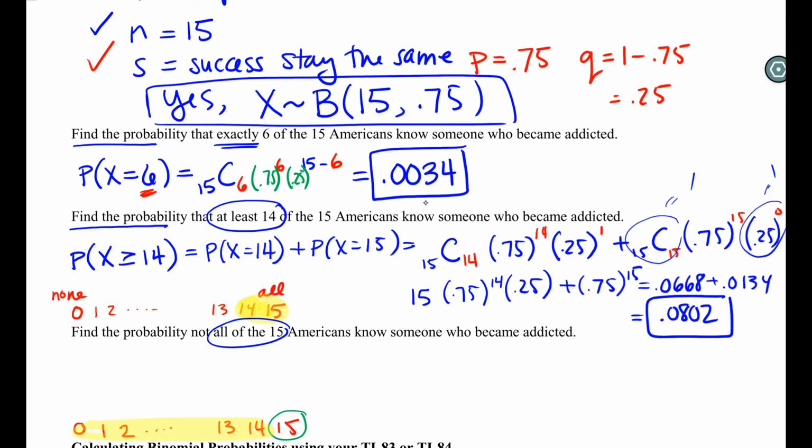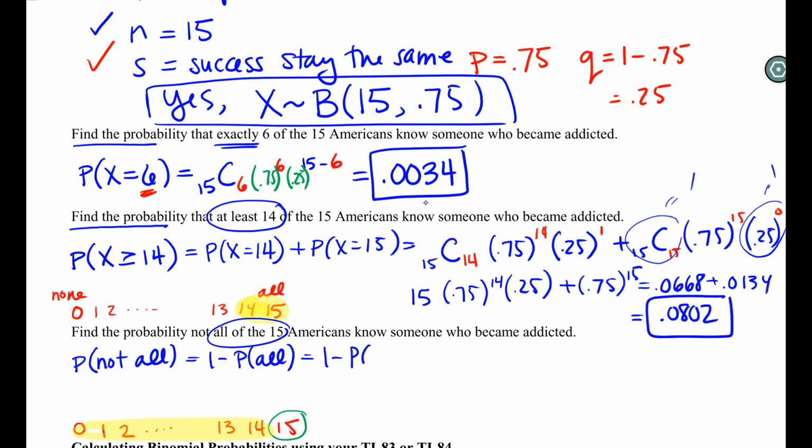Now, that would be silly to do this as the probability of x equals 0 plus the probability of x equals 1. This would suck, right? So what we're going to do is essentially like the questions about the iPhone or rebooting that we saw in the homework and the notes for 4.5. We're going to say the probability of not all is just 1 minus the probability of all, right?